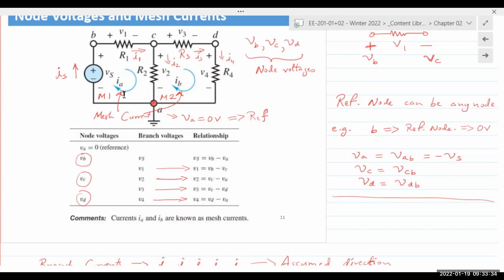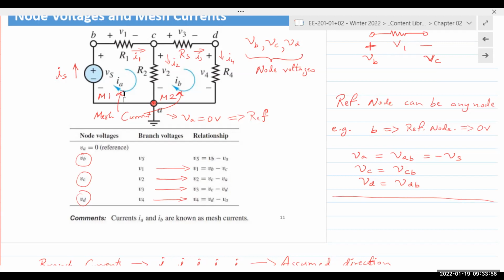Now, obviously, as I said, these are hypothetical currents. There is one point I want to make, which is resistor R2. R2 is a shared branch. So we see there are two mesh currents flowing through that branch, which is physically impossible. You cannot have two currents flowing in the circuit at the same time.